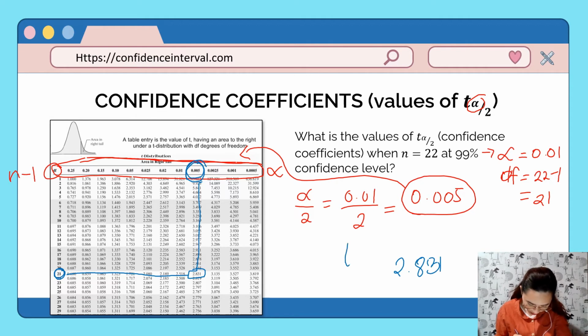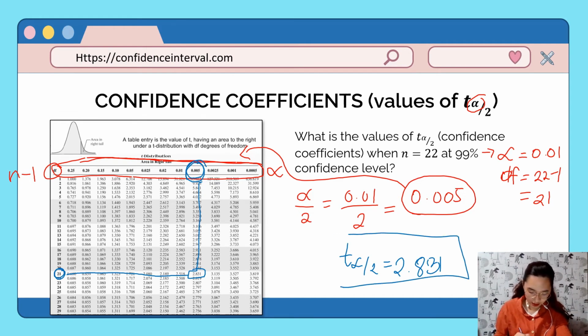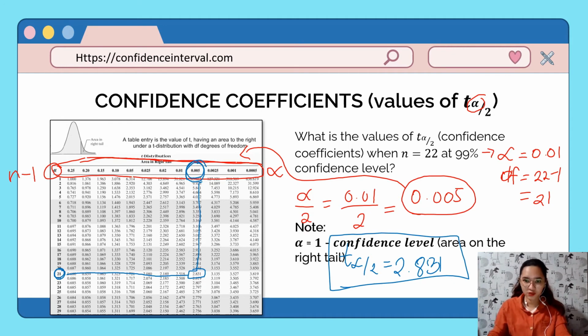So, ito na po yung ating t alpha over 2 or ang ating confidence coefficient in t-distribution. So, ganun lang siyang gamitin. Okay? Ayan. So, note po ulit, ang alpha po natin is 1 minus confidence level or the area on the right. Ayan. So, balik po tayo dun sa formula natin kanina.